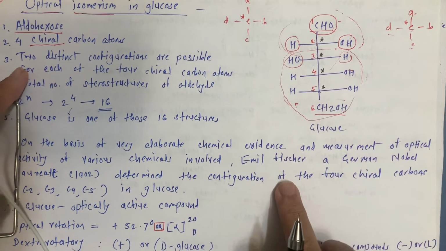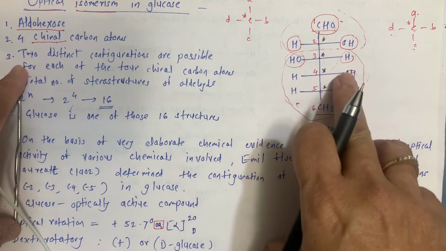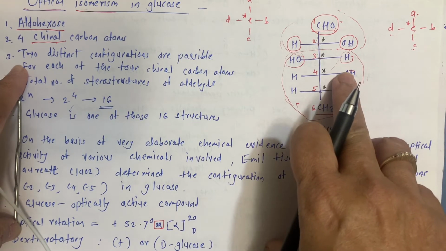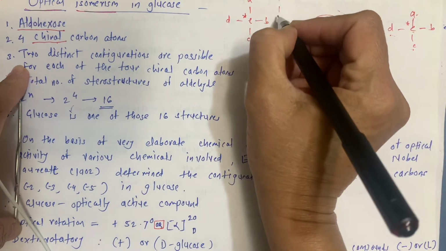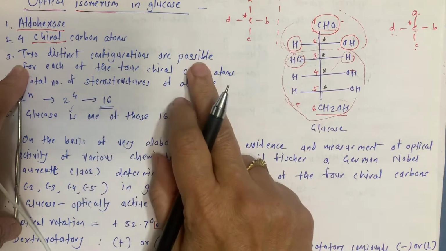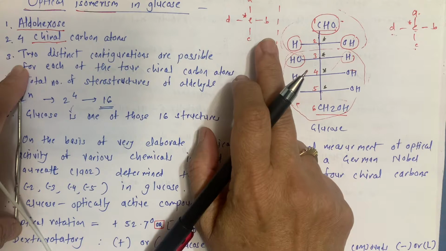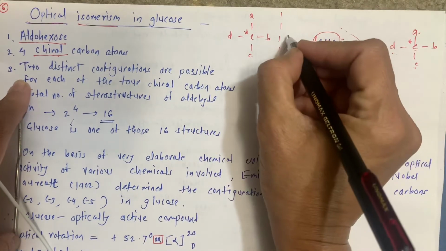Now when there are chiral carbons, then we always know that they have mirror images. So two distinct structures, or two different configurations, are possible like this.